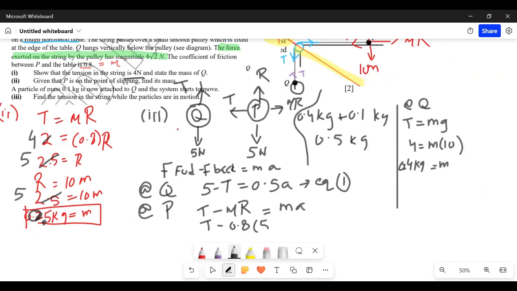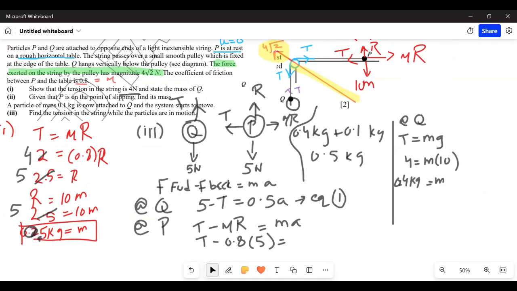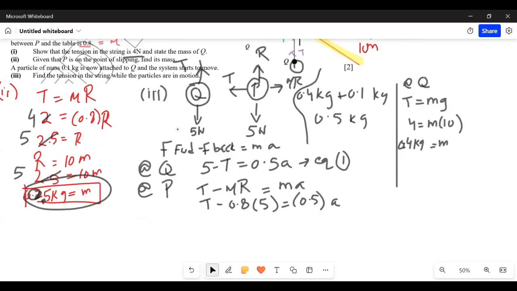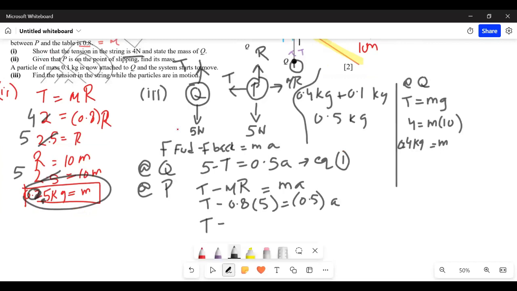Sorry, R is 5, is equals to M, which was 0.5 for Q. We had found it here. So 0.5 times A. So this is going to be T minus 4 is equals to 0.5 A. This is equation 2.